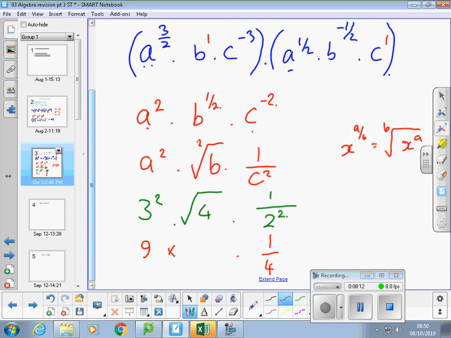What is the square root of a number? What is the square root of 4? In numerical terms? 2, yeah? Why is 2 the square root of 4?